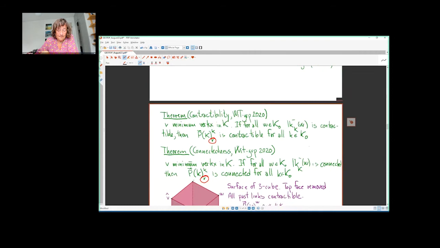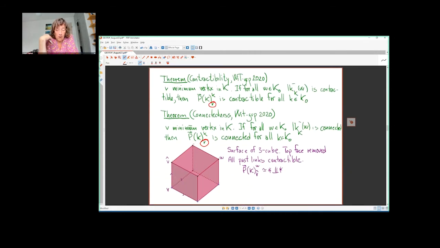So now remember there was this thing that Siemianski had, the connection between past links and the homotopy type of the path spaces. From that, it's not difficult to get that if the past link is contractible for all vertices, then the path spaces are contractible for all vertices here.